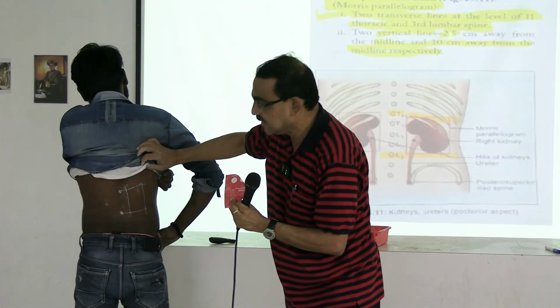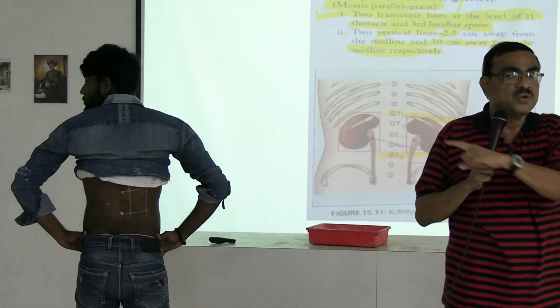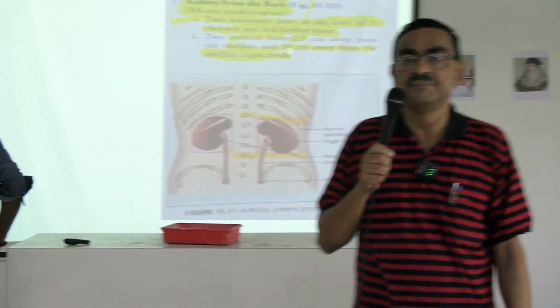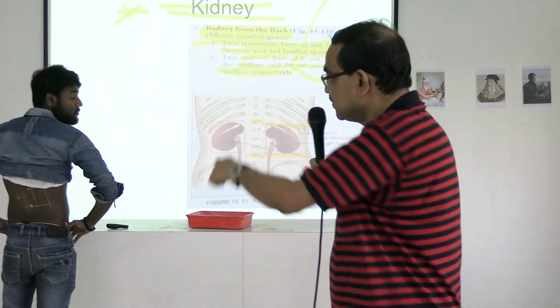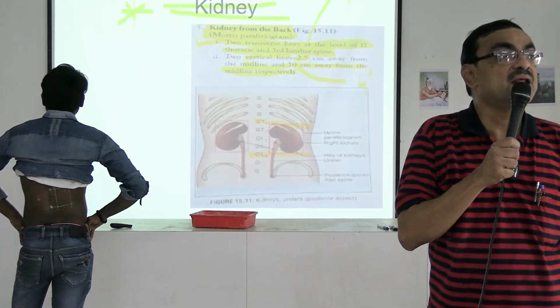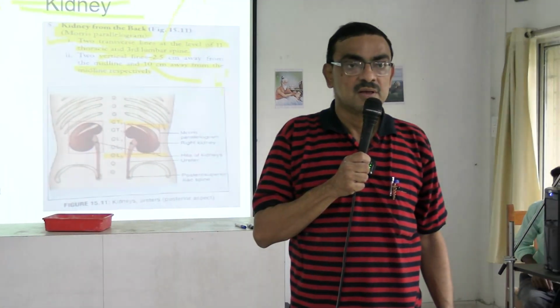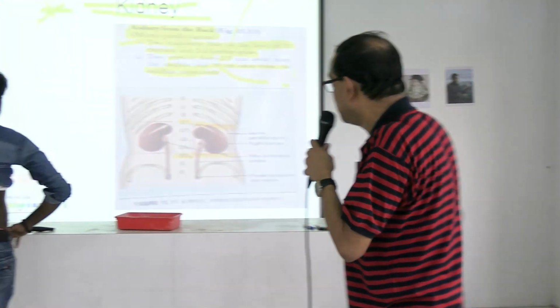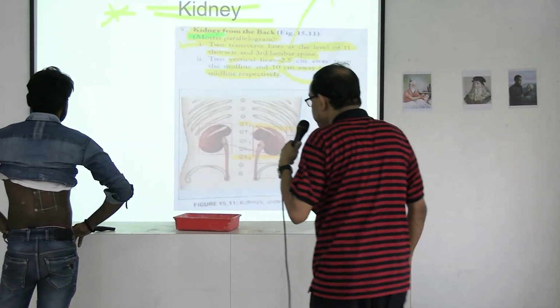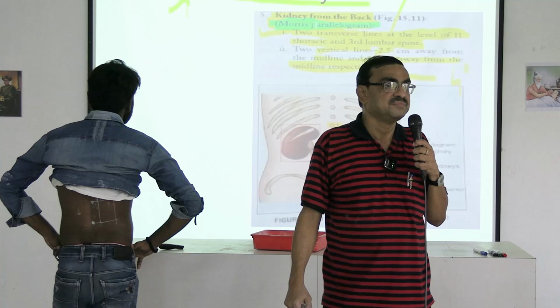We will get a parallelogram. That parallelogram is called the Morris parallelogram. And within that Morris parallelogram, we can draw the kidney.